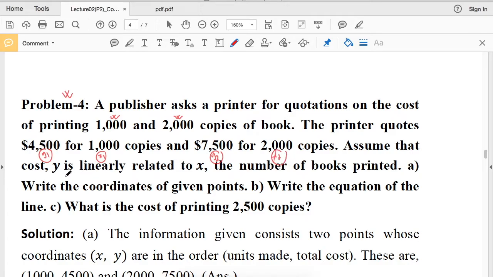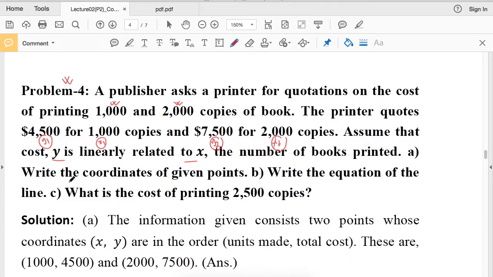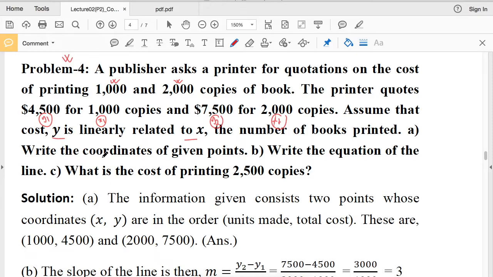Assume that cost y is linearly related to x, the number of books printed. X denotes the number of books printed. Then write the coordinates of the given points. So the coordinates of the given points will be x1, y1.